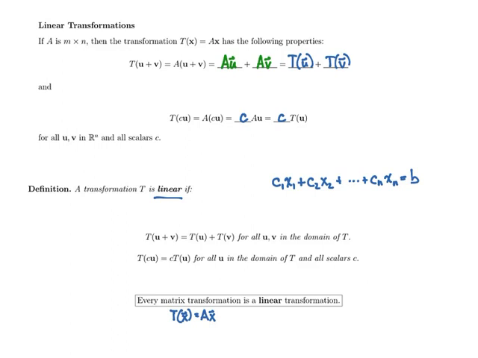So when you're talking about linear, you are talking about satisfying those two kinds of operations: the additive property and this scalar multiplication property.